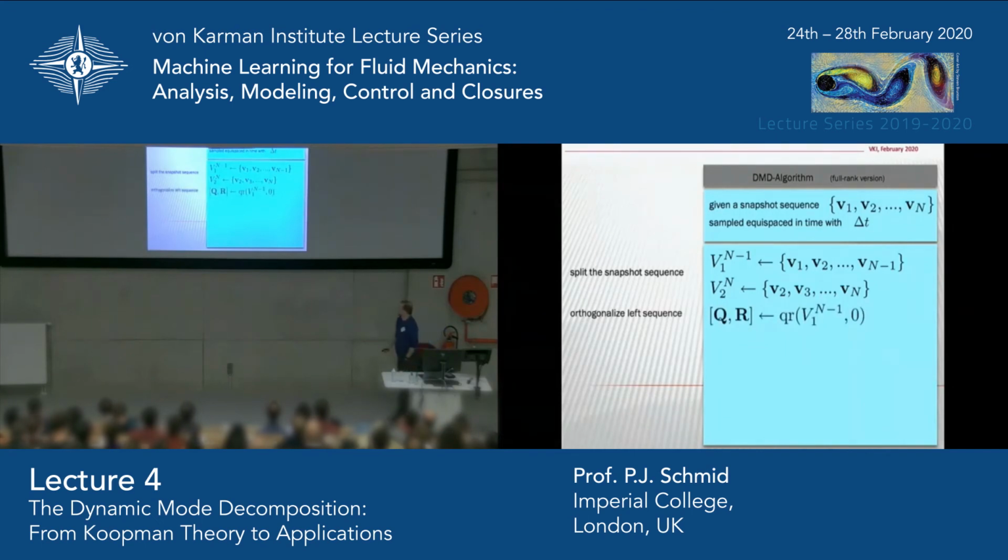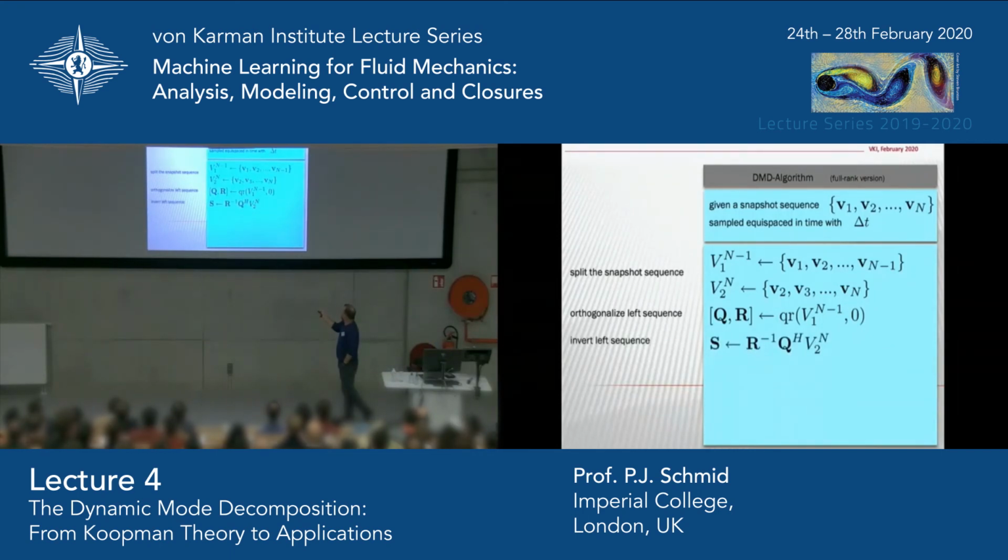Then I go for the least squares fit for that last row in the companion matrix. The best way to do that is to take a QR decomposition of the first snapshot basis, 1 to n minus 1, and then bring that one over and hit it with V2.